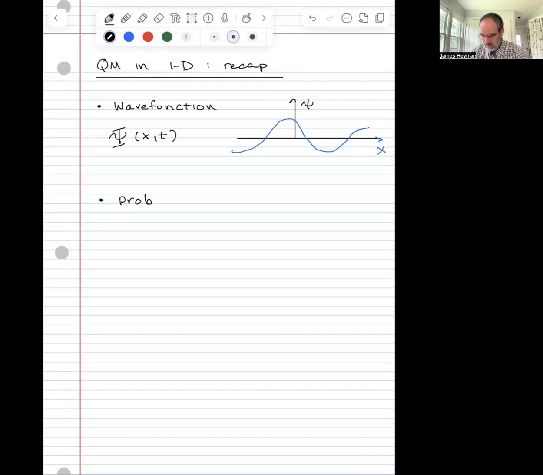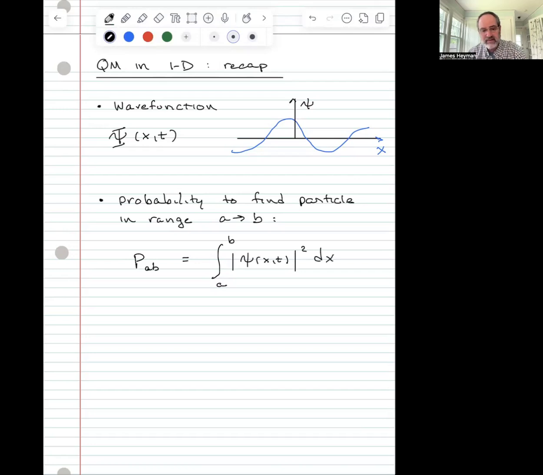And in particular, the probability to find a particle in the range from x equals A to x equals B is just the integral of the absolute value squared of the wave function over that range.